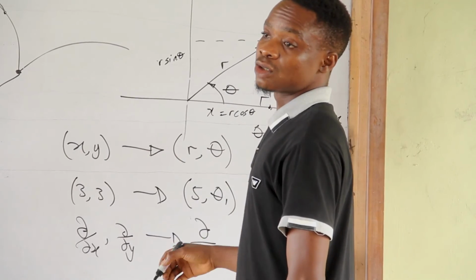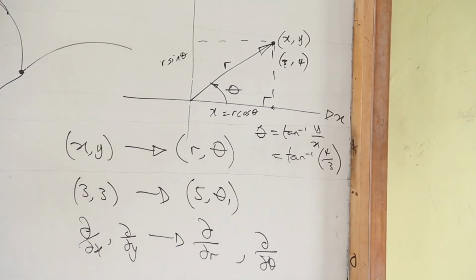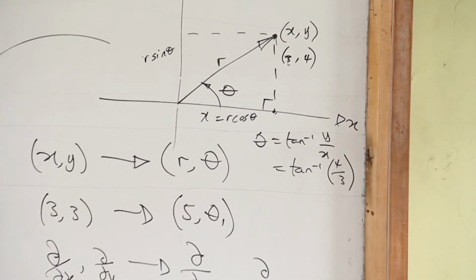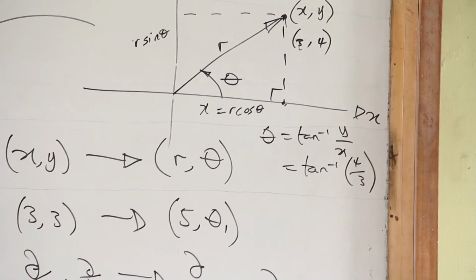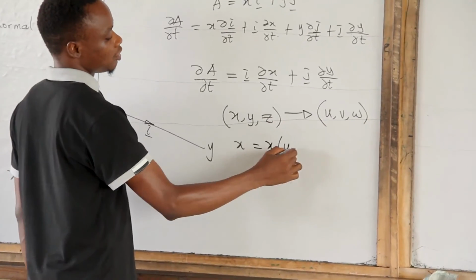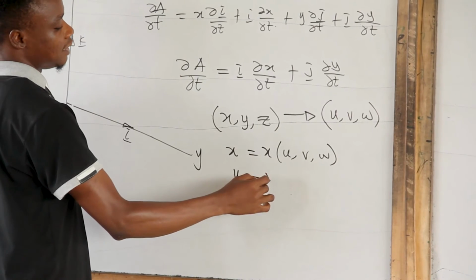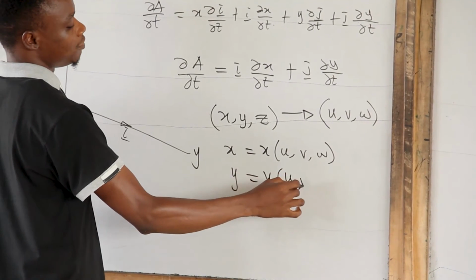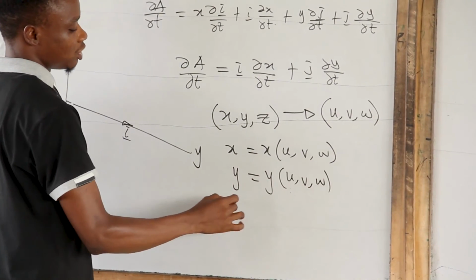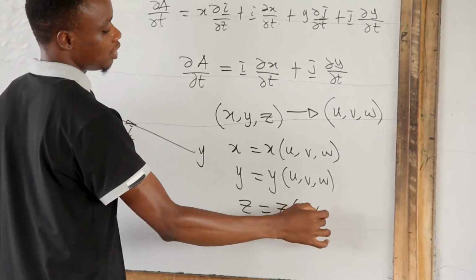So basically, if I want to go from this system to the other, the primary thing I need to know is how x is defined as a function of the coordinates u, v, w. I need to know how y is defined as a function of u, v, w, and also how z is defined as a function of u, v, w.